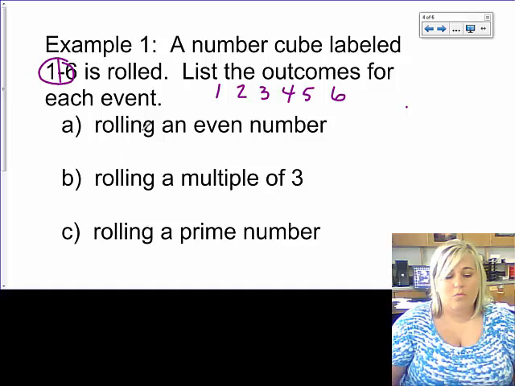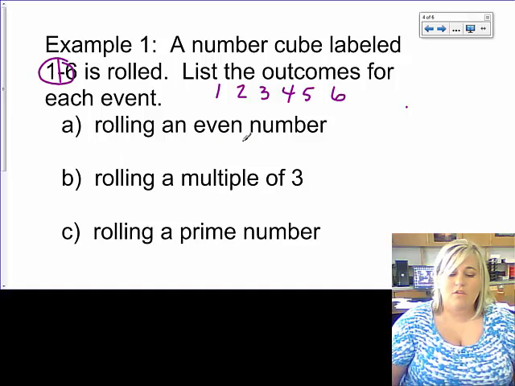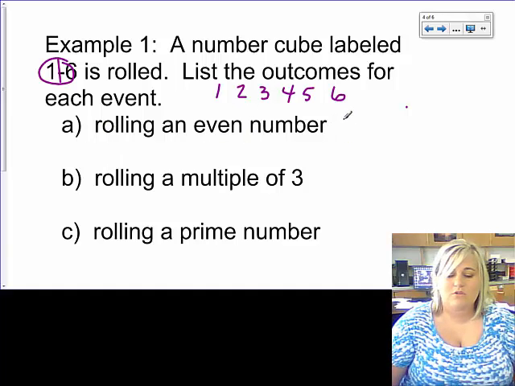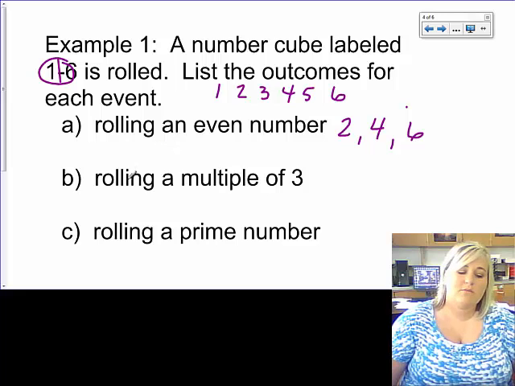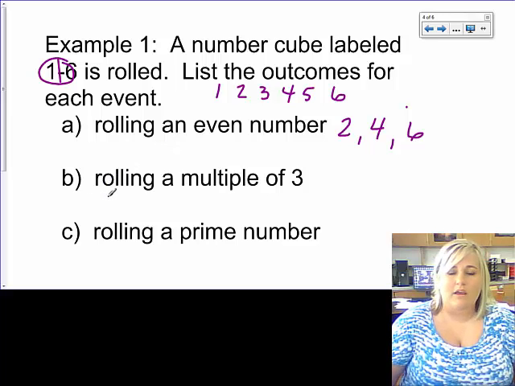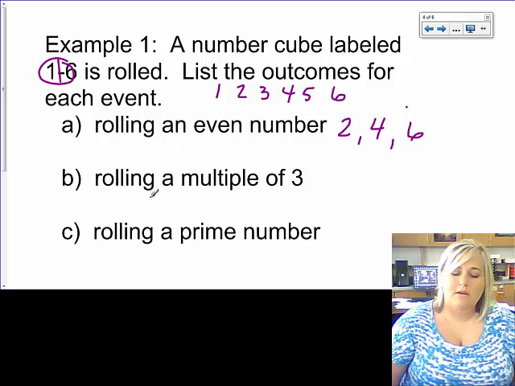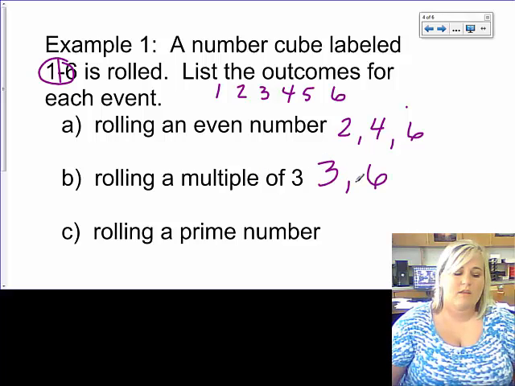So I want to know the outcomes of an even number. Well, those will be my even numbers, 2, 4, and 6. The same is true for B, rolling a multiple of 3. The only multiples of 3 on my number cube are 3 and 6.